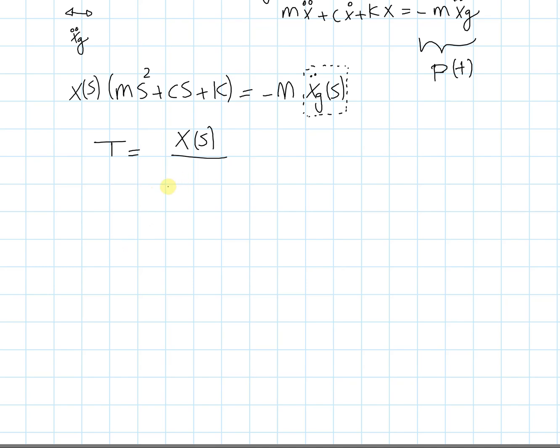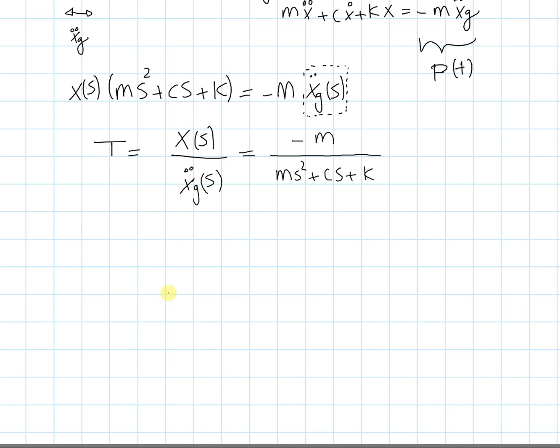So I can have x double dot g(s), and this is going to equal minus m over m s squared plus cs plus k. And that's my new transfer system. And this time I have an input ground motion, or ground motion acceleration.